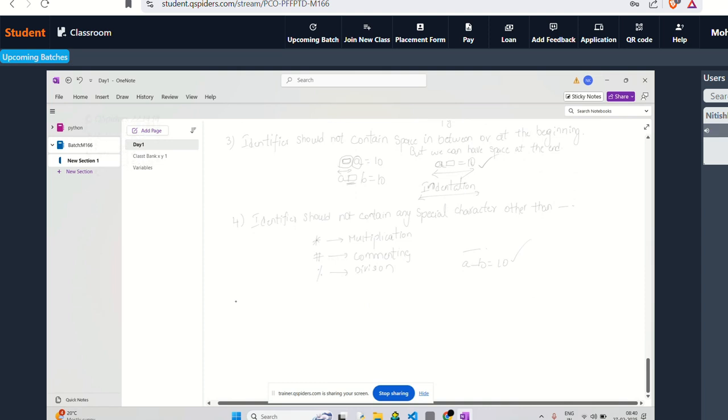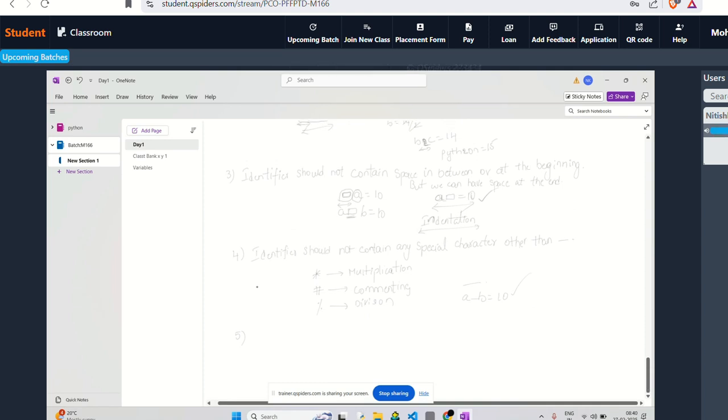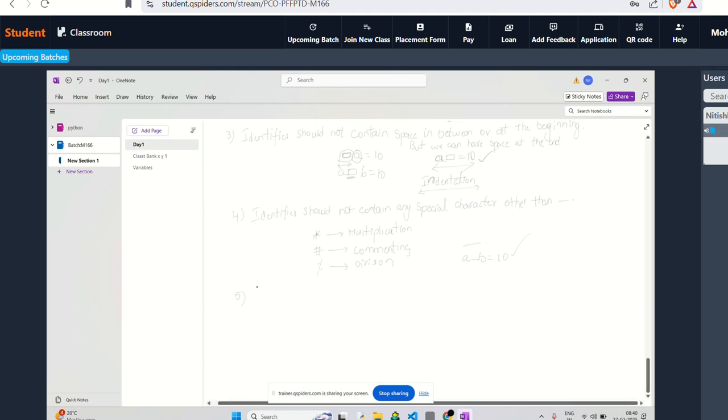Shall I continue? Yes, sir. Moving to the next rule, that is the fifth rule. Till now, we have discussed what cannot be used as identifiers. You may ask, sir, what can be used as an identifier? Now we can see.